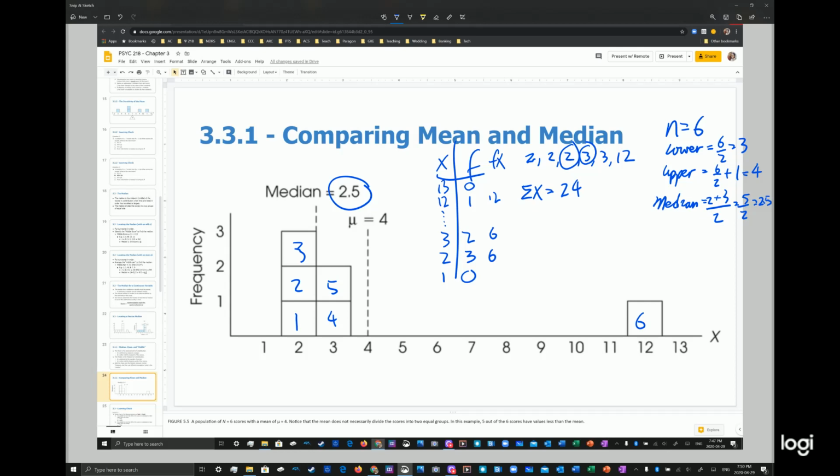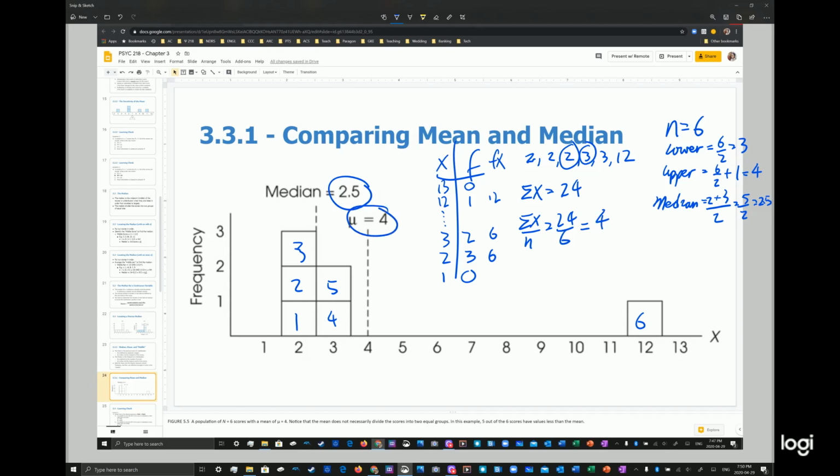Let me double check. Okay, 6 plus 6, that's 12. There you go. It's still 24. So I said 4 plus 2, that's 6. Ha! Plus 3 is 9, not 7. Plus 3 is 12. Yeah. So it's always good to double check. Anyway, 24. And the mean is sigma x divided by n, 24 divided by 6 scores. That's 4. That also checks out.